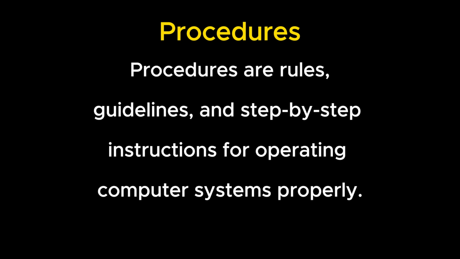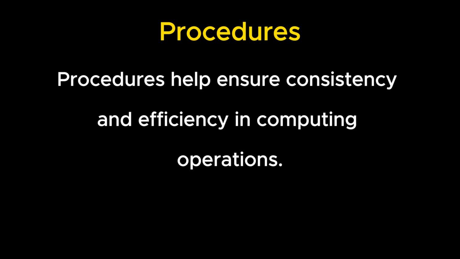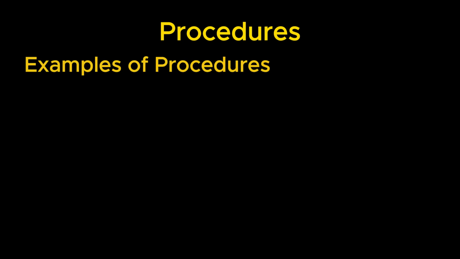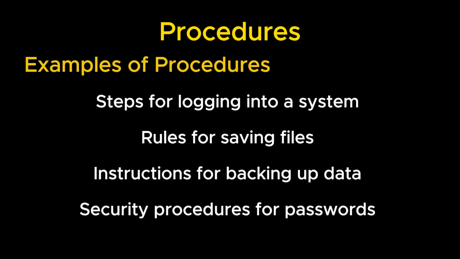Procedures. Procedures are rules, guidelines, and step-by-step instructions for operating computer systems properly. Procedures help ensure consistency and efficiency in computing operations. Examples of procedures: steps for logging into a system, rules for saving files, instructions for backing up data, security procedures for passwords.